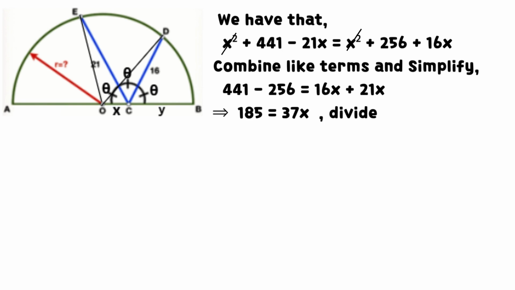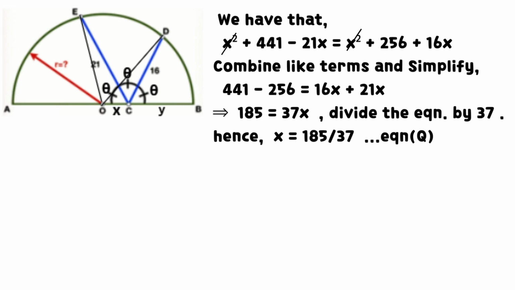The square of x, which are equal but opposite signs, cancel out from the equation. We now combine like terms and simplify, so that 185 equals 37 times x. Hence, x equals 185 divided by 37. We call it equation Q.